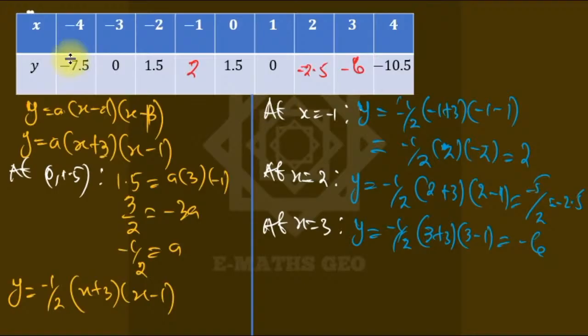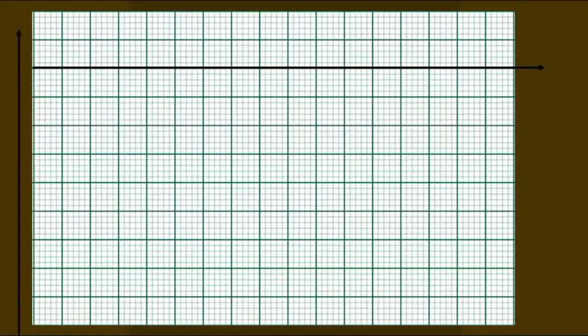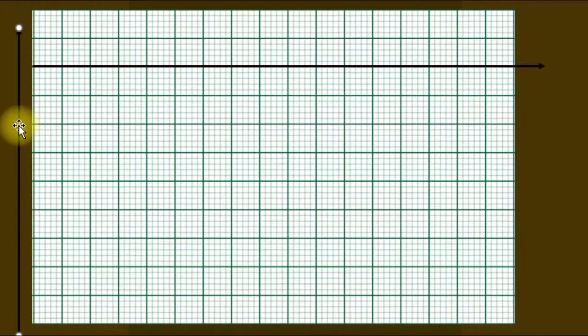As you can see, x has a minimum of -4 and maximum of 4, but y has a minimum of -10.5 and a maximum of 2. So we have equal positive and negative for x, but for y we have more negative, so the origin will go up.